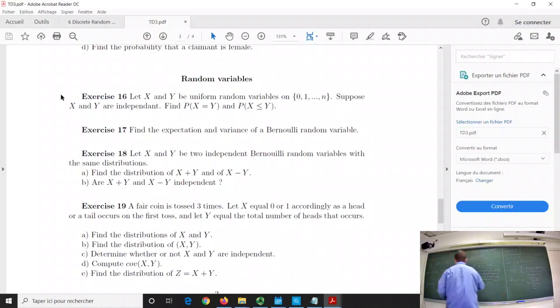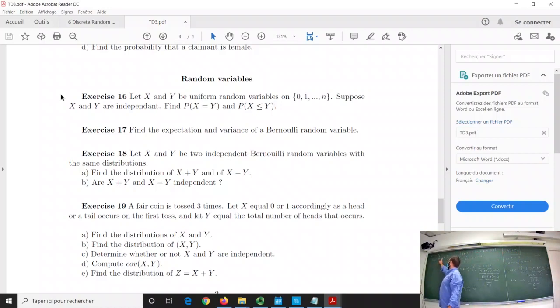If it's not totally clear this way, you can also say the following: X less than or equal to k is the disjoint union, from i equal to 0 to k, of X equal to i. To be less than k, X can be equal to 0 or 1 or 2, until k.